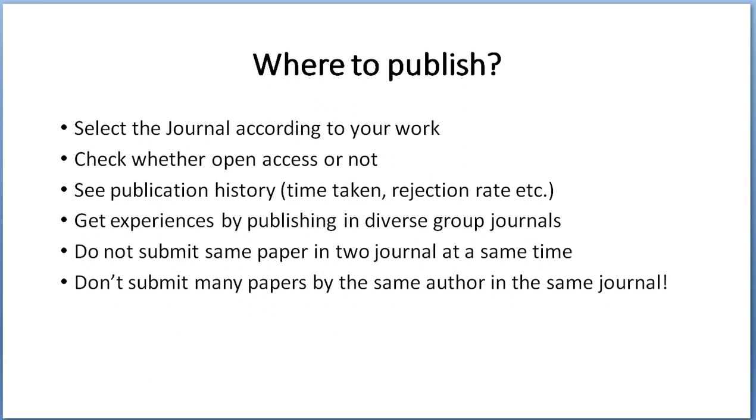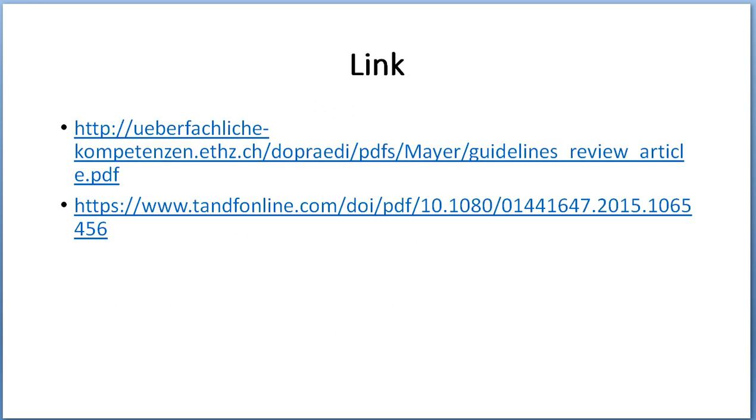So this is how we can write our review paper, and these are the key things that we have to consider while writing a review paper. You can find lots of articles on how to write a good review paper. I have gone through various links and research papers, and then I collected the data and gave you one presentation.